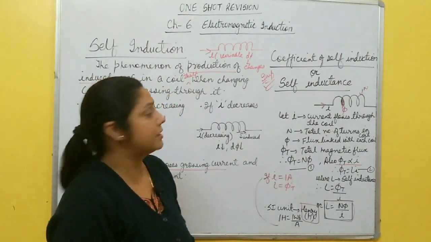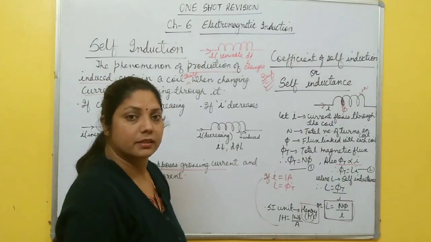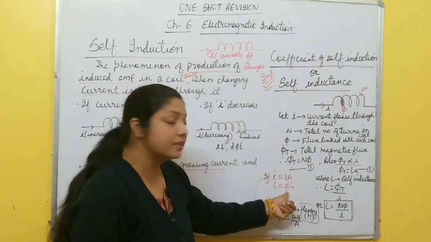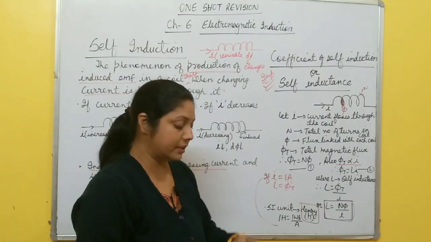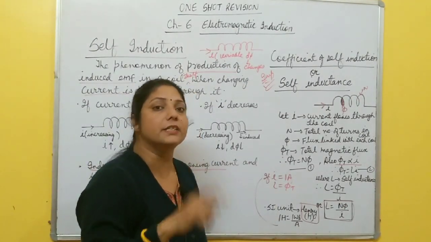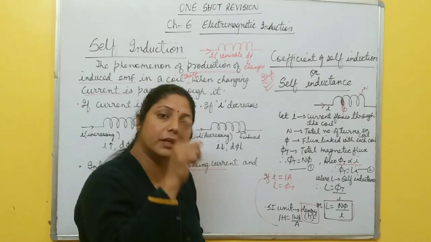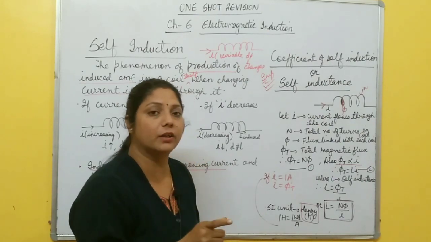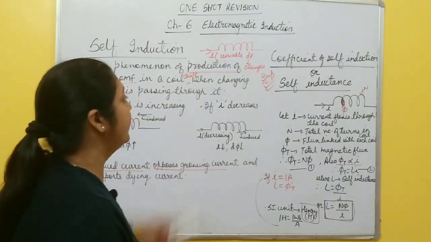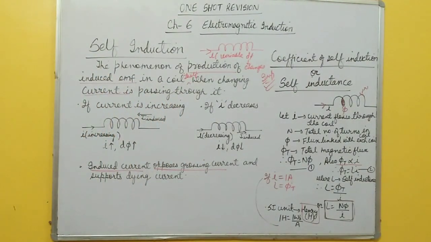You can define self-inductance in this way. If the current is 1 ampere, then self-inductance is equal to the total magnetic flux. So you write: the coefficient of self-inductance is numerically equal to the total magnetic flux linked with the coil if unit current flows through it.